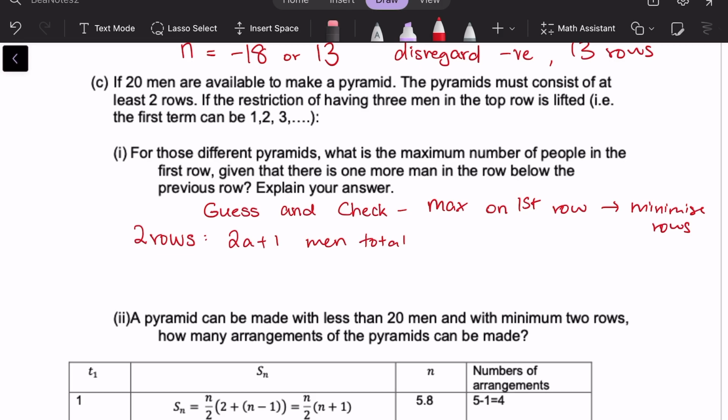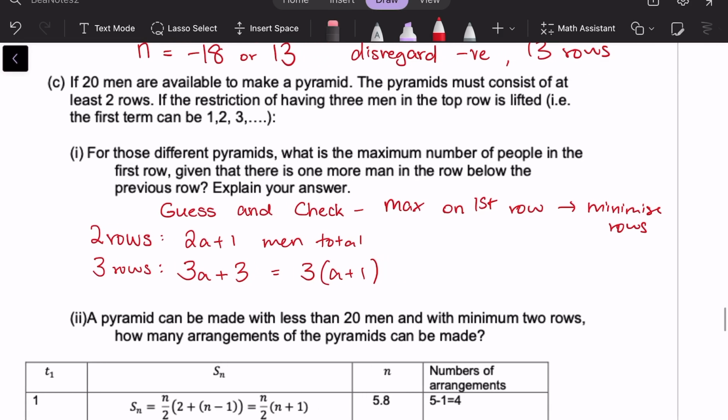Let's try 3 rows. If we have 3 rows, then the total number of men would be 3A plus 3, where A is the number of people in the top row. But 20 isn't divisible by 3, because if it's 3A plus 3, because we're working with positive integers, this will have to be divisible by 3, but 20 isn't divisible by 3. So that one doesn't really work either.